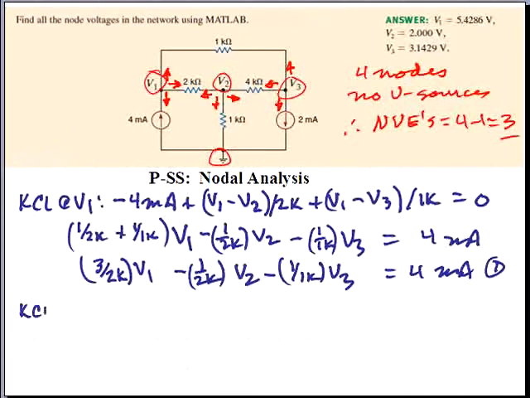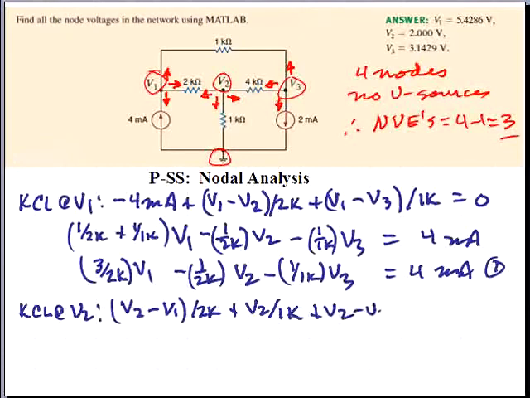Similarly, if we do the KCL summation at V2, we will have (V2 minus V1) divided by 2K plus V2 divided by 1K to the reference node plus (V2 minus V3) divided by 4K is equal to 0.